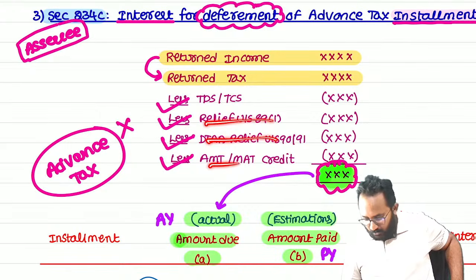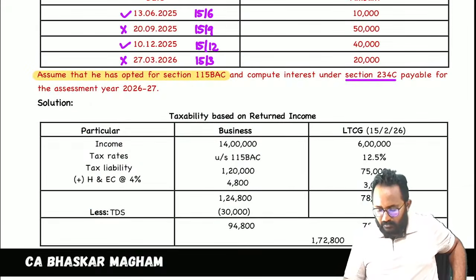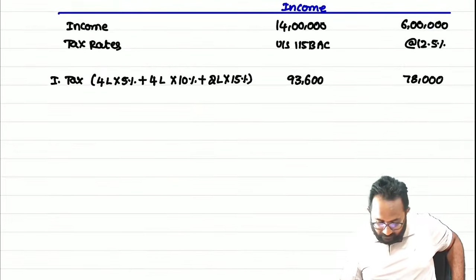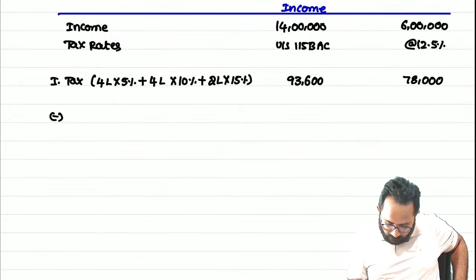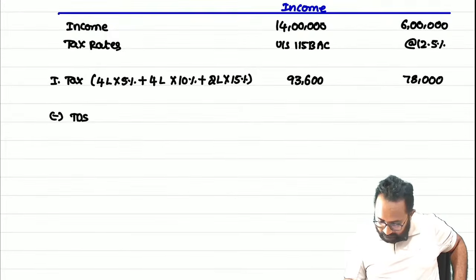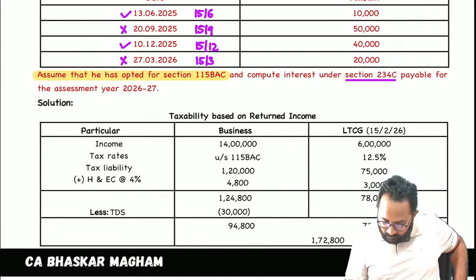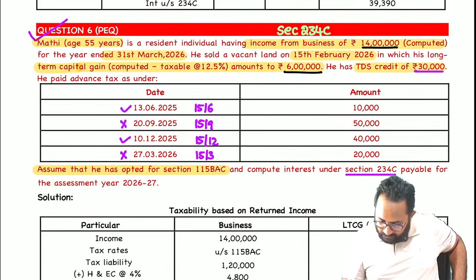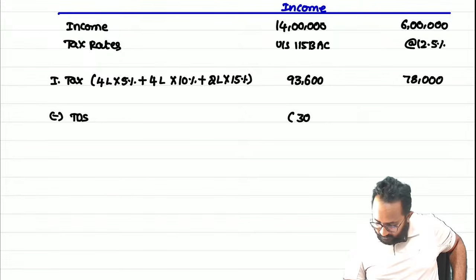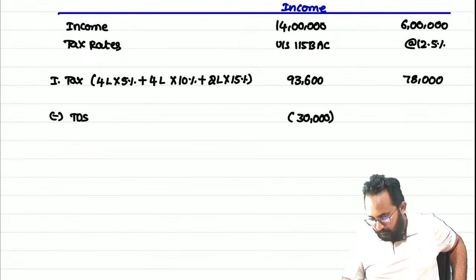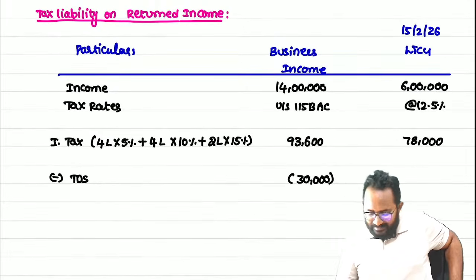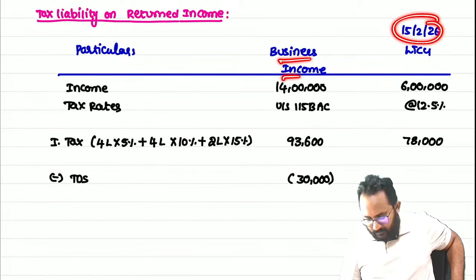Ma, TDS credit, all the credits you can reduce except advance tax. So these are not there, only TDS credit is there. But now our discussion is to reduce it from which one? Remember, TDS will be reduced from the 93,600, how much? 30,000, reduced from the business income only, because the long-term capital gain arises on this date. This is from the beginning of the year.